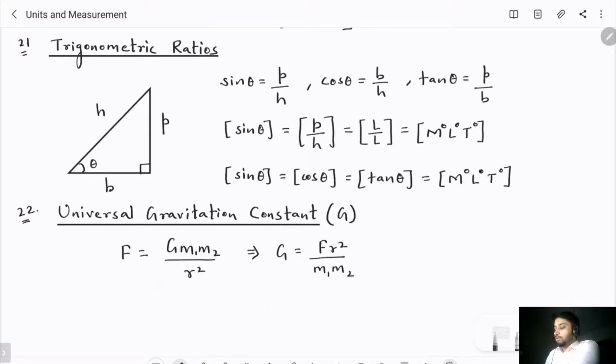Now for finding the dimensional formula, the dimensional formula for capital G will be the same as the dimensional formula for Fr square by m1 m2.